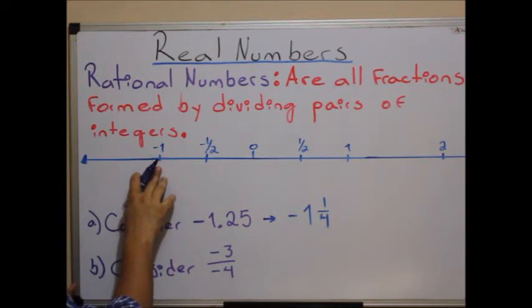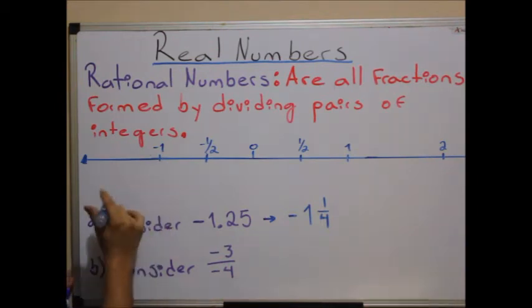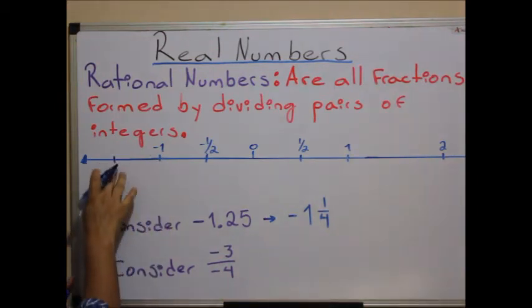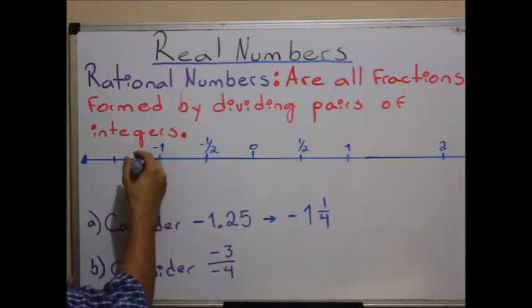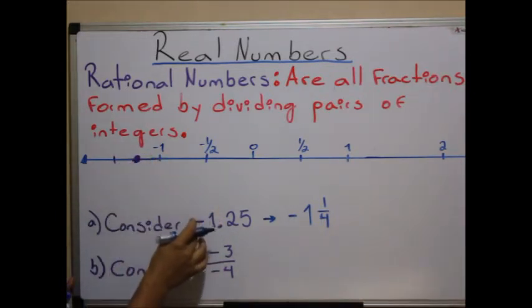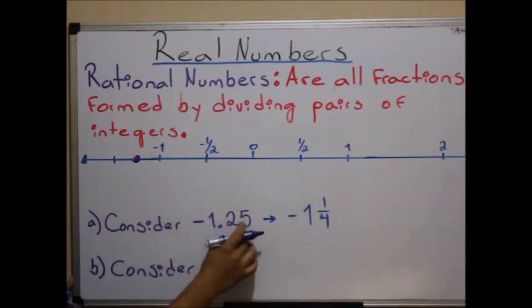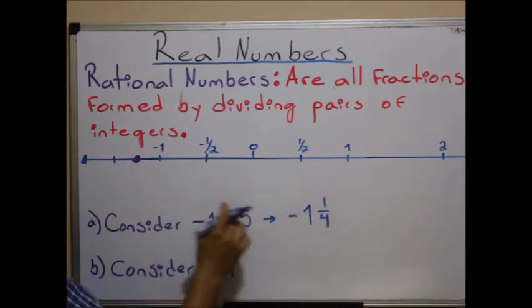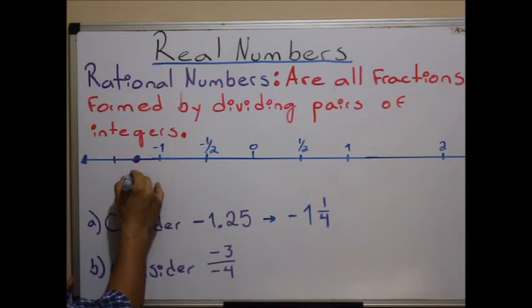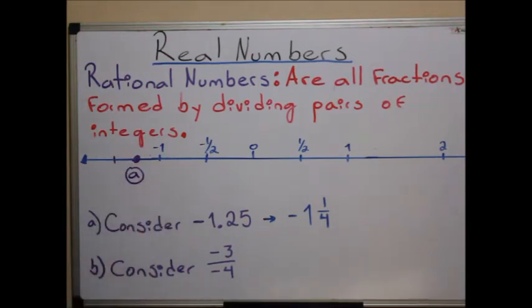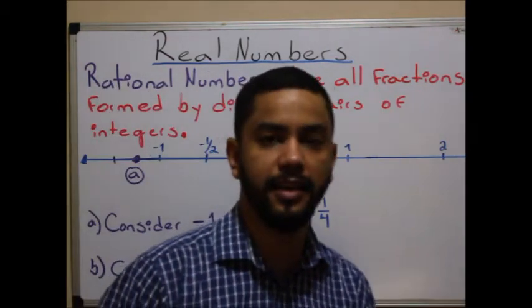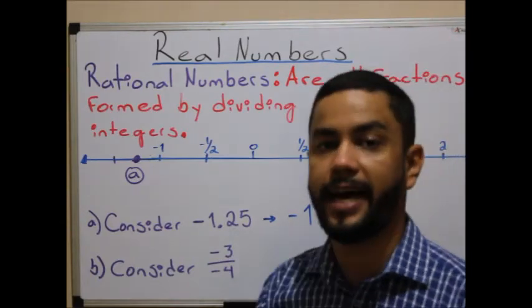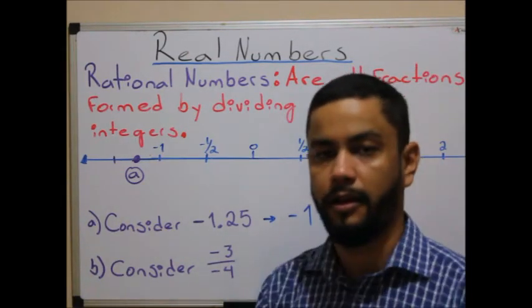This is -1, and if the half of the way is this one, then -1.25 will be there. We're going to write here A. So we can easily place that number on the number line.